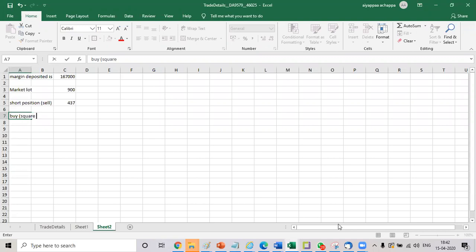When you are taking a fresh buy, we call it a long position. When you are buying back the position which you have already sold, then it is called a square off. Let's say you buy back at 405. Here again it is sell minus buy.